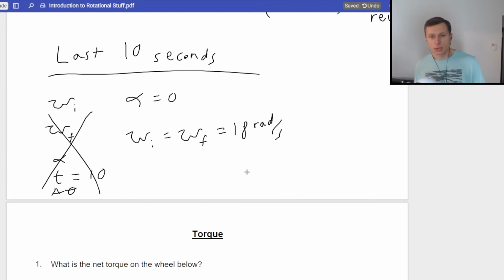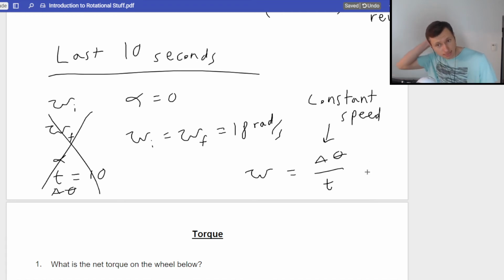What I'm going to tell you, though, is we're going to use a different equation instead, and that equation is just very simple. It's omega, either the initial or the final, because they're both the same. Omega equals delta theta over time, and we can do this because it's constant speed. Constant speed, or constant angular speed in this case.